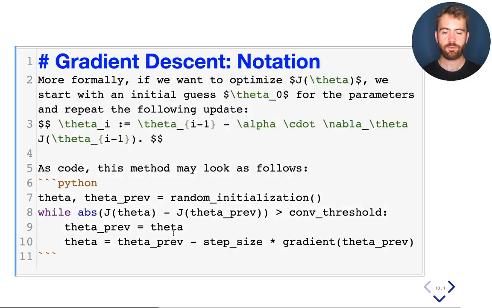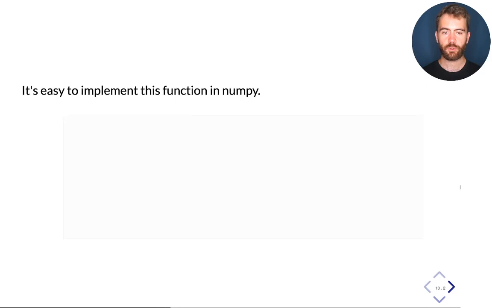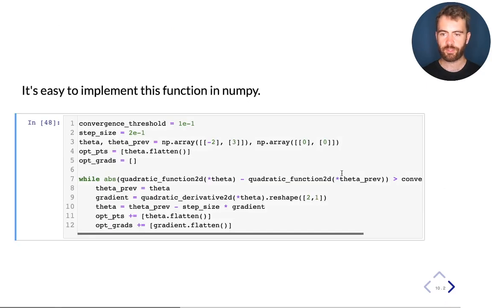We take the previous value of theta, and we take the gradient, we multiply it by the step size, which is the distance that we want to take, and we keep repeating this process. Here I define this algorithm in pseudocode, but it's just as easy to implement it in NumPy. In fact, it's almost exactly as it looked in the previous slide.